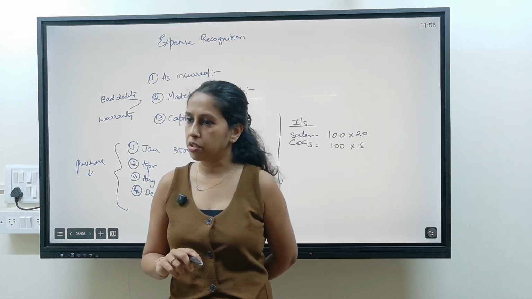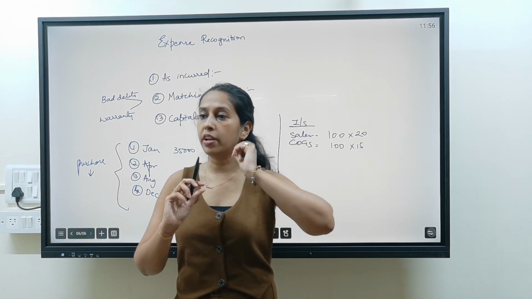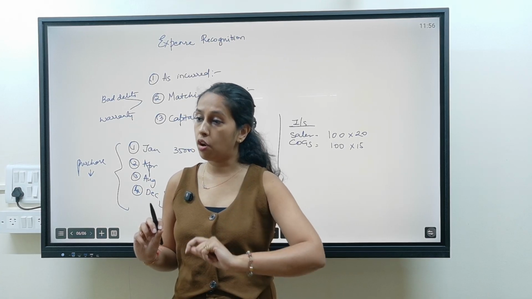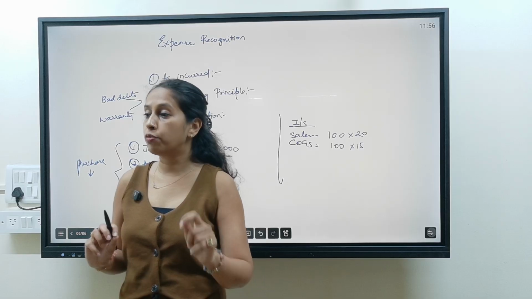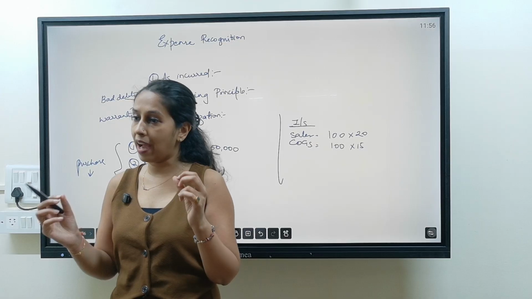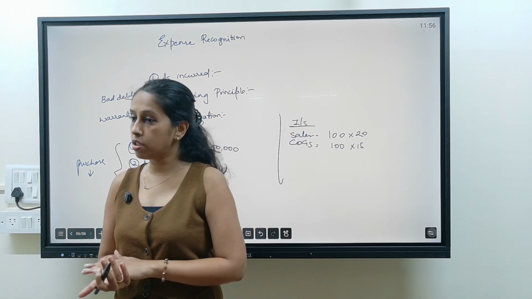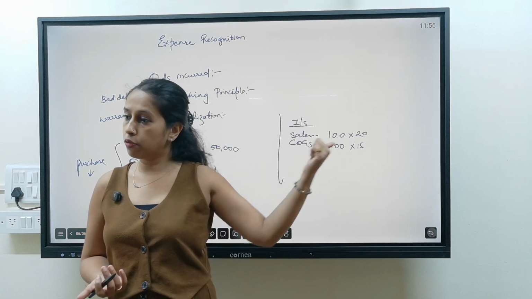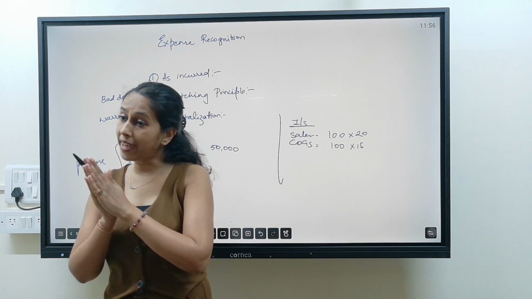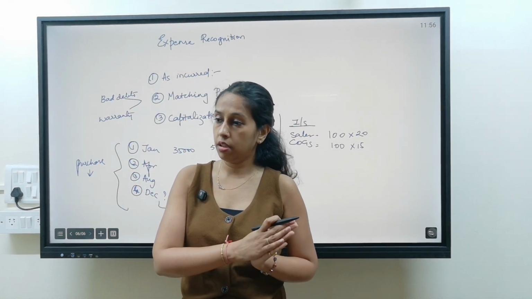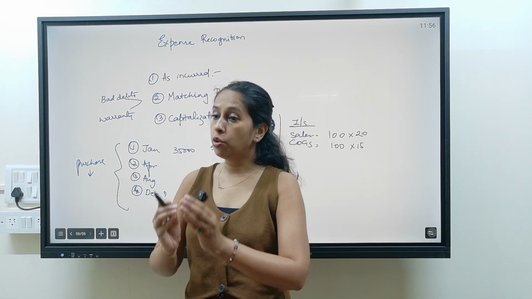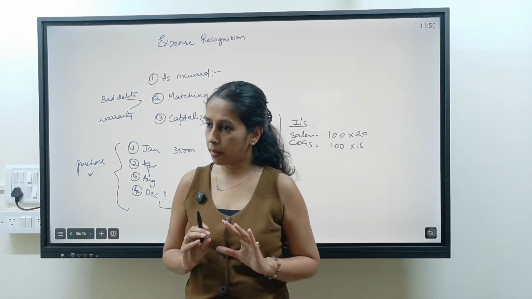But as per the matching principle, whenever you've recorded revenue against the sales that you've made, in the same year you will have to record provision for bad debts and provision for warranty. So if you've recorded revenue of say 1 lakh, whatever are the associated costs pertaining to that revenue, cost of goods sold, cost of bad debts, cost of warranty, though you might incur these costs in future, as per the matching principle you will have to record them in the year when you have recorded the revenue.